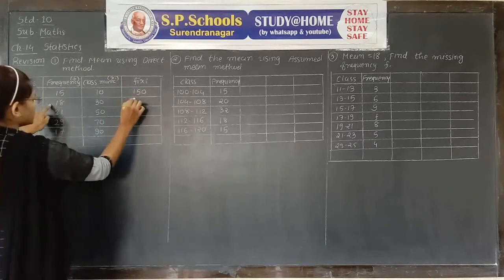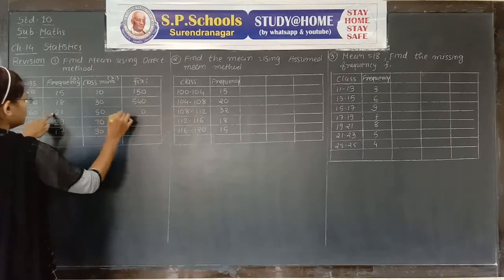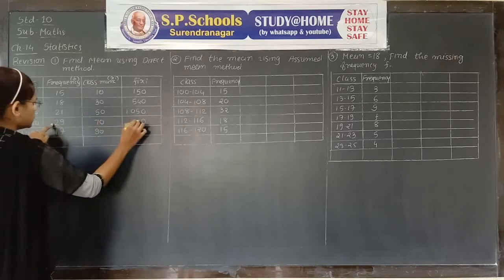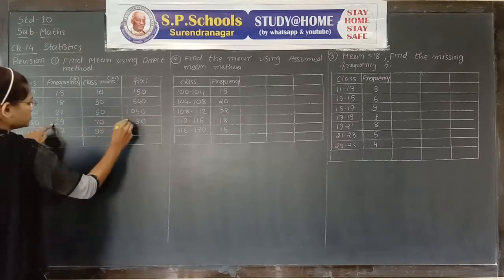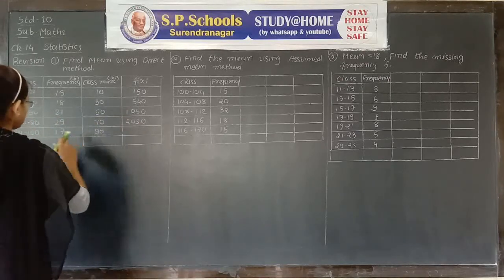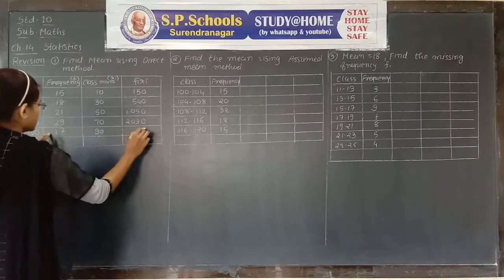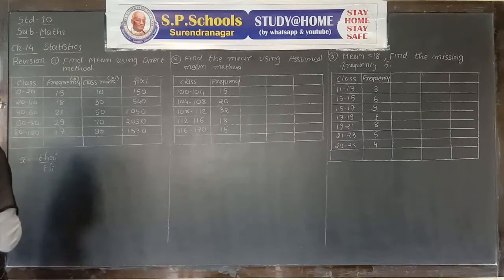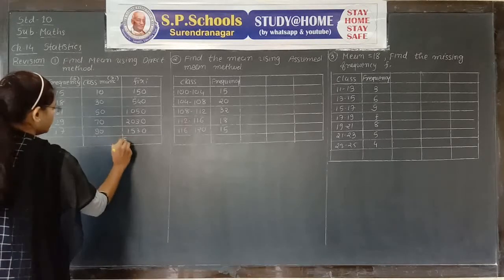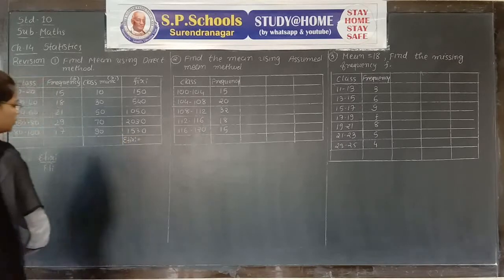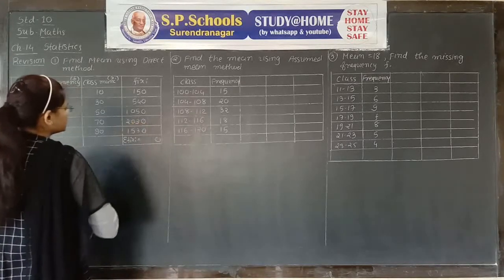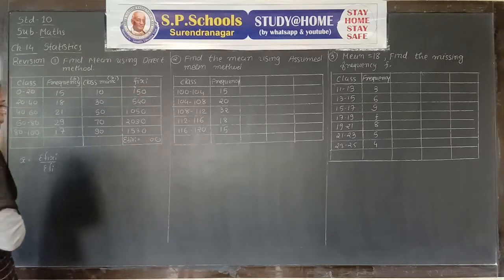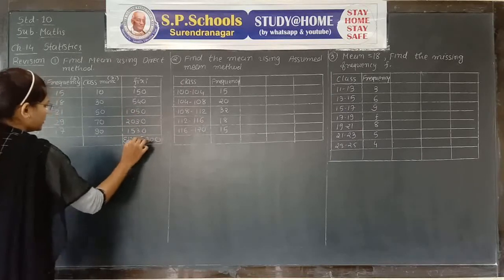The products are 150, 540, 1050, 2030, 153... Now we find sigma fi xi, which is 5300.